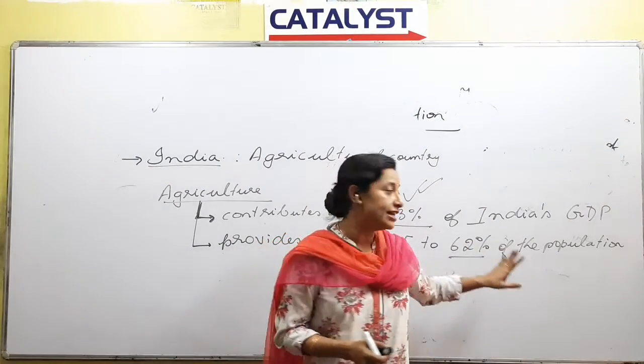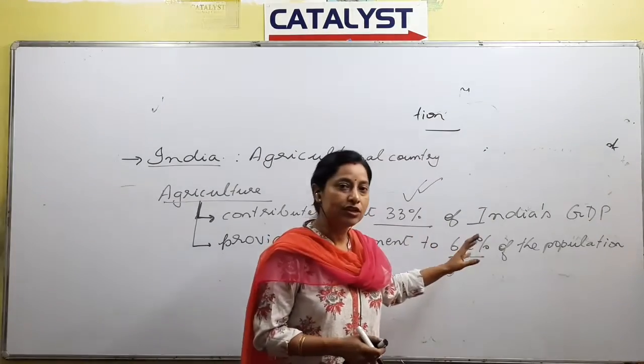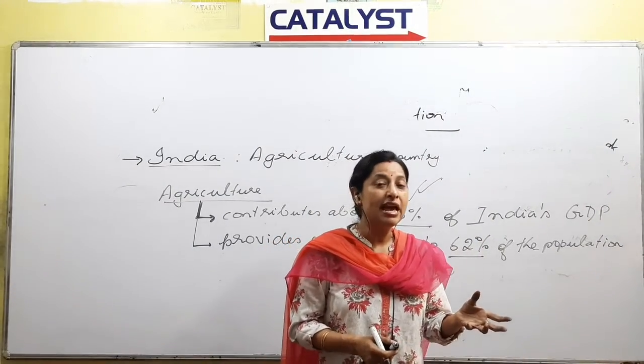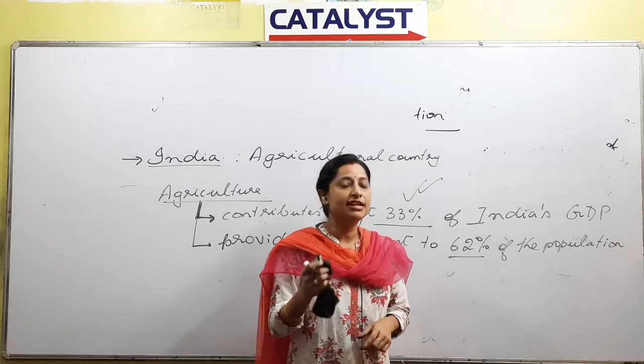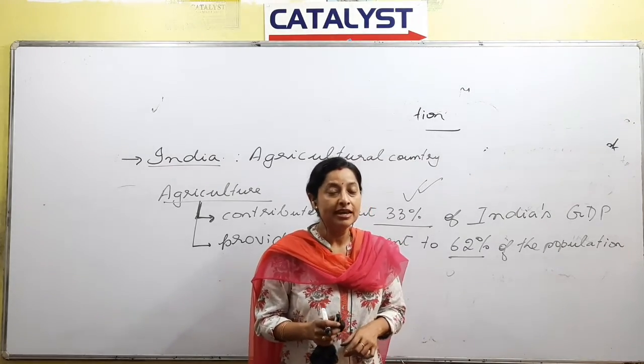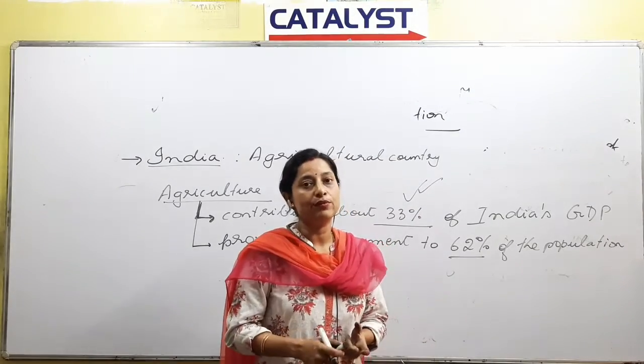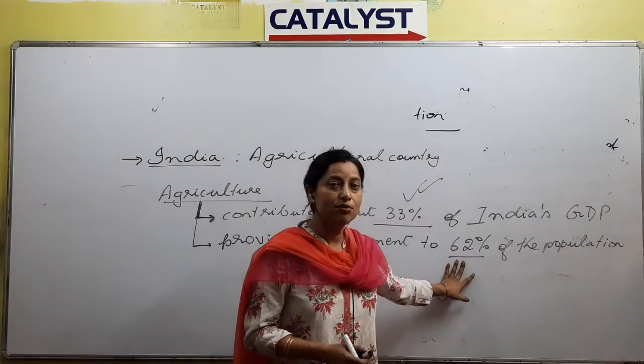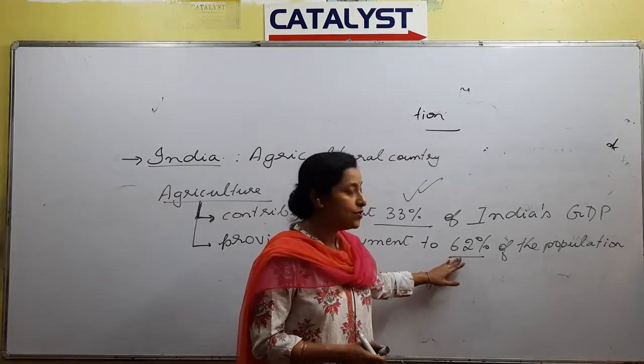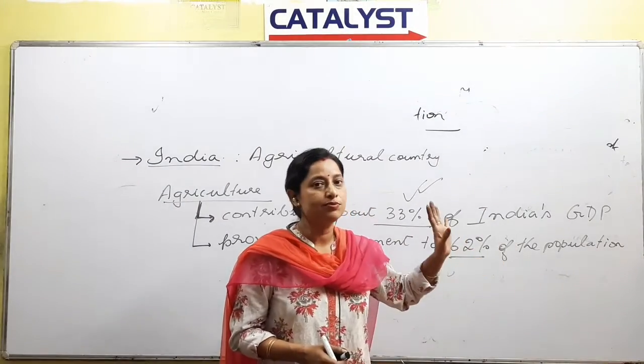But we will be sticking to the information given in your NCERT book only, because questions come from the percentages given in the NCERT book. We would be sticking to 33% and 62% only, right?